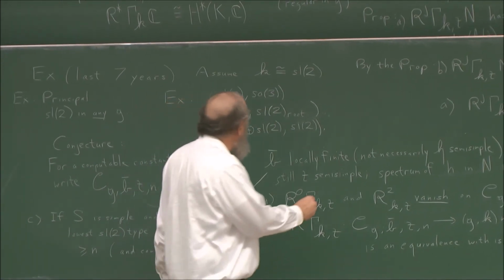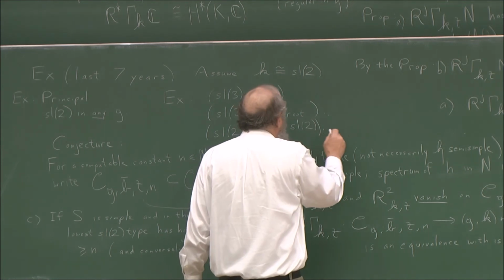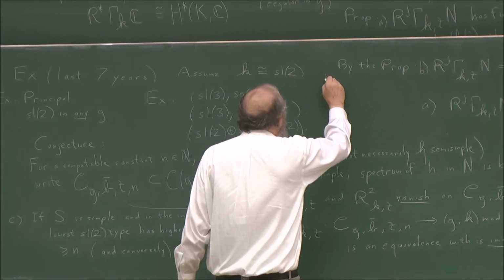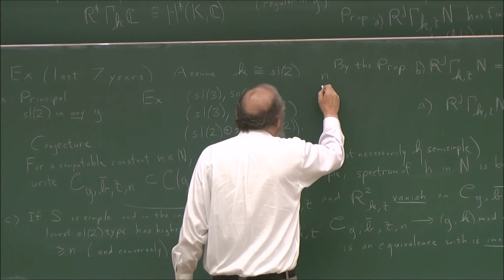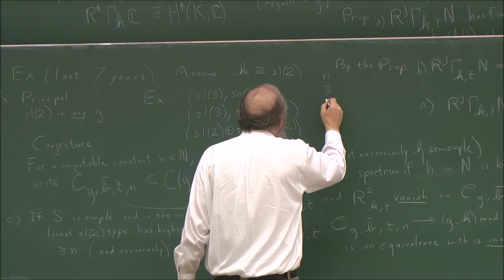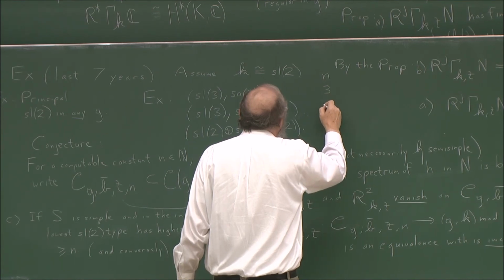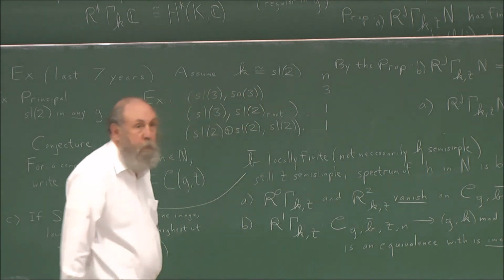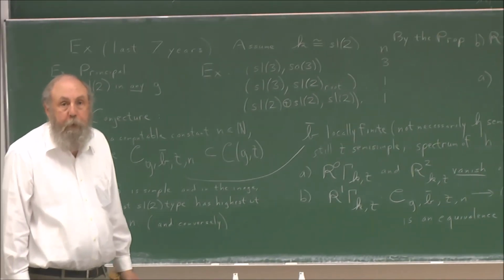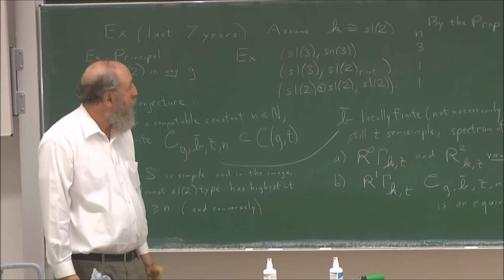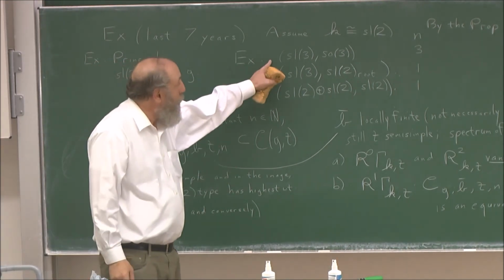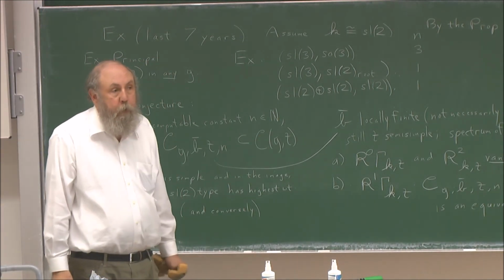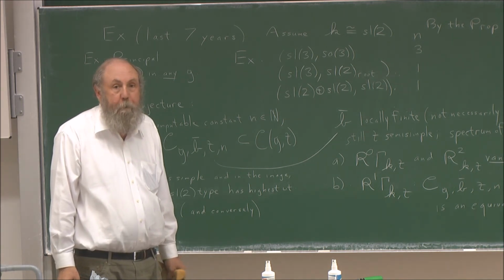So in this case, you make a little table, the n here is 3, and here is 1, and here is 1. And if you look at the classification of modules for this pair, you will see that simplification.